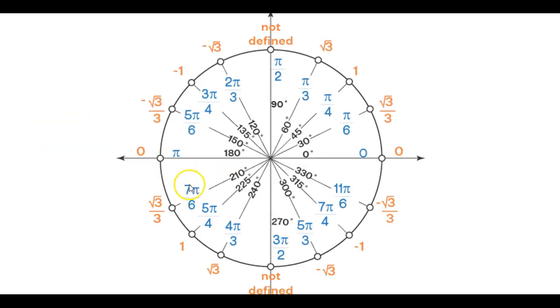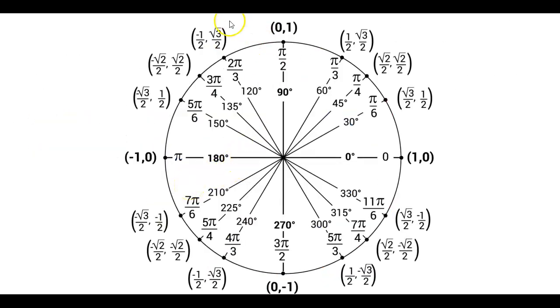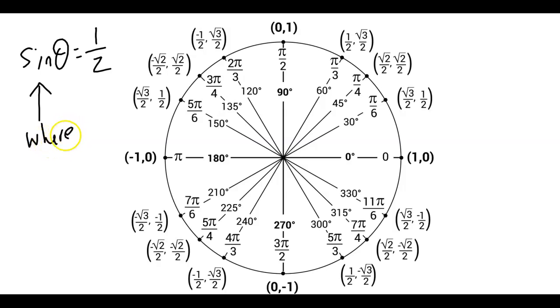I'm going to fast forward here to my unit circle that I've put up for today. So since I'm looking for where sine of theta equals a half, that means I want to find where y equals a half, because sine is the y value, and the y value is the second number in the ordered pair.